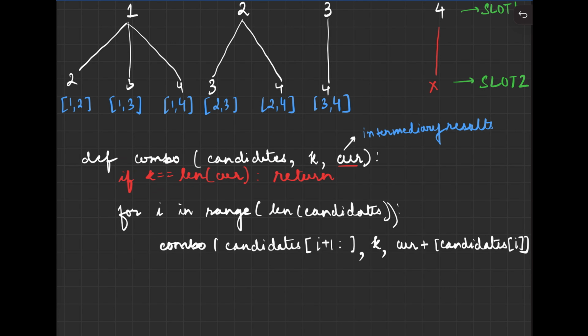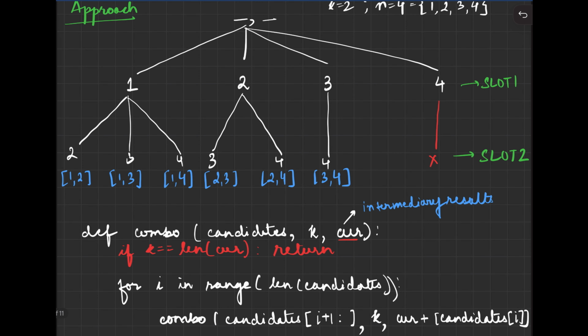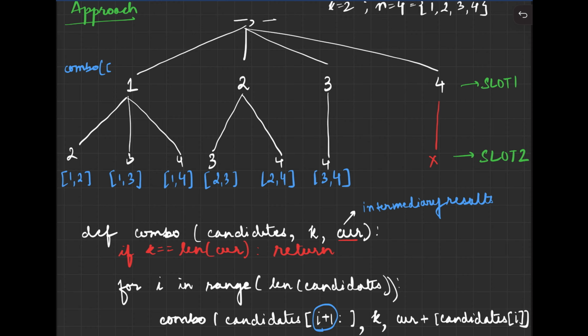So if you try and populate some of the nodes, here on the very first element, our call will look like something like this. Our call will look like combo candidates. So since we have removed element 1 here, it'll have only elements 2, 3 and 4. K will remain 2 and current will become 1, exactly what we wanted.